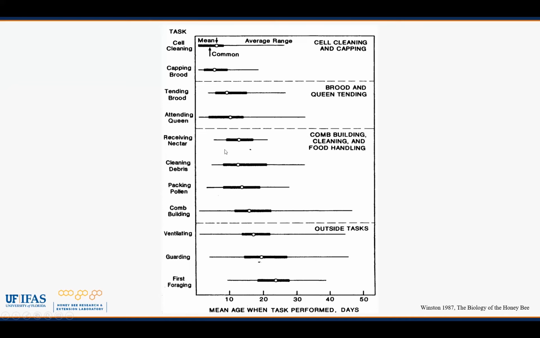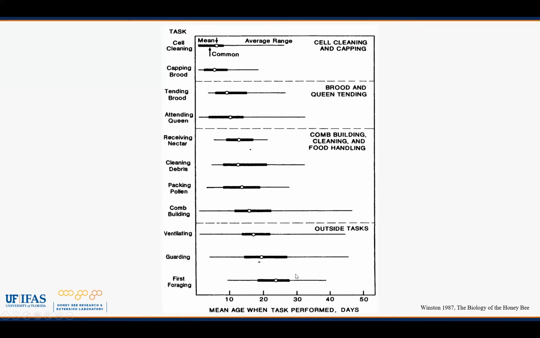You take that little bubble all the way down. But you'll see it's very common for workers that are 0 days old all the way to about 11 days old to perform the task. And even though it's common for them to do it in this range, a lot of workers will continue to perform this task all the way to almost 28 or so days of age.